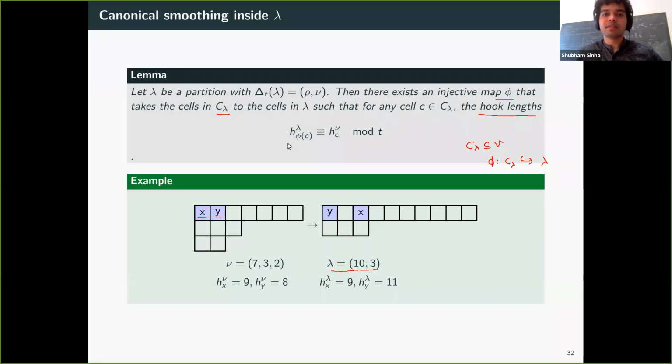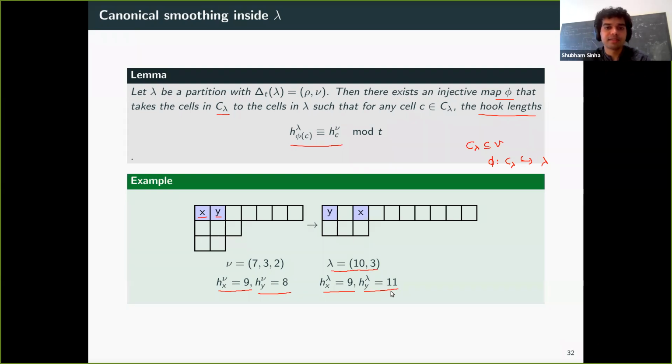So the hook length remains invariant under this phi, which takes some cell C to phi C. In this case, X has hook length 9, which remains the same, and Y, which had hook length 8, goes to hook length 11.